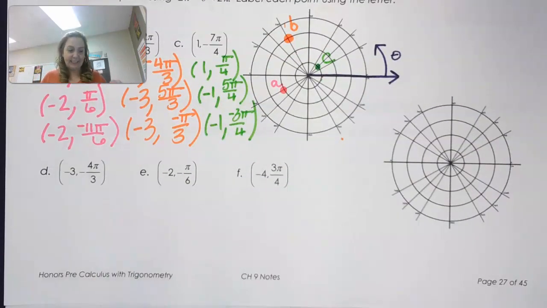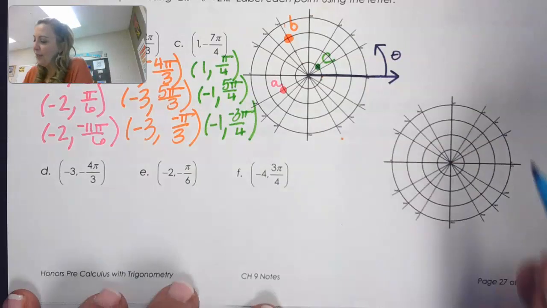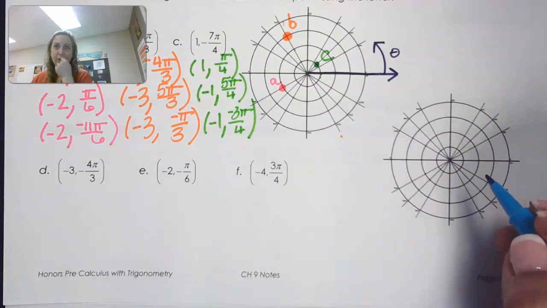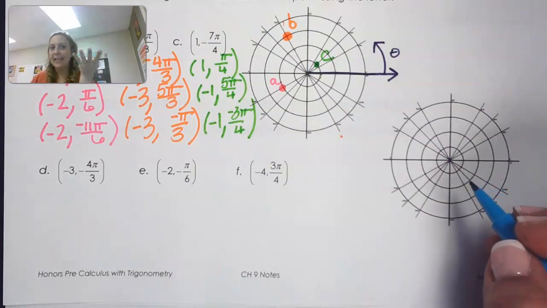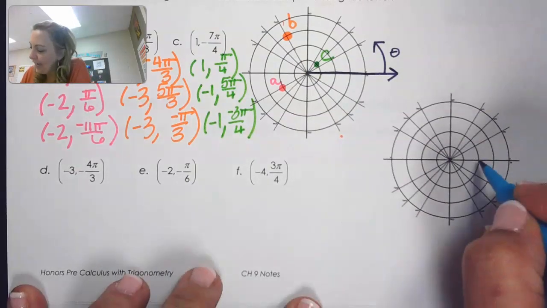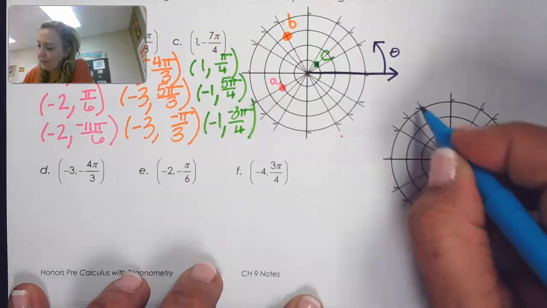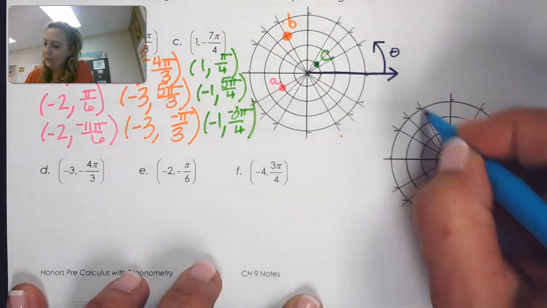All right, so letter D, we have (-3, -4 pi/3), okay? So in this case, especially when it's negative, I sometimes like to go to the angle first and then count backwards. So if I go -1 1/3, this is where -4 pi/3 would be.